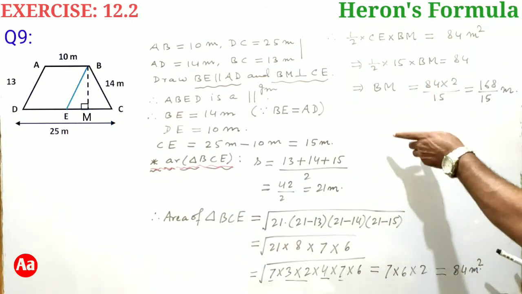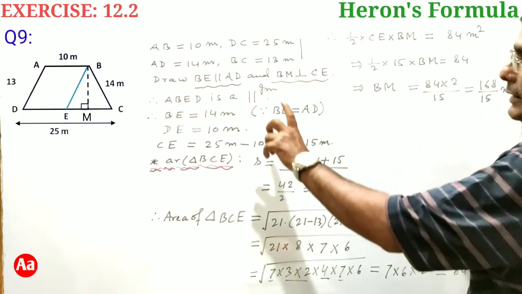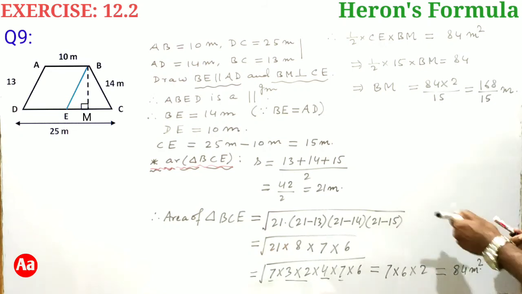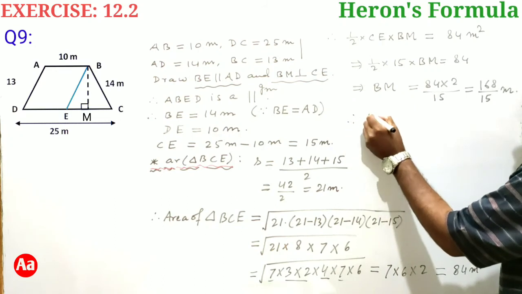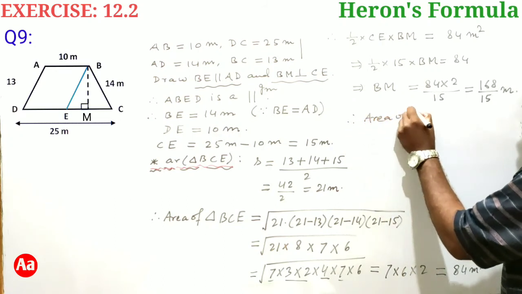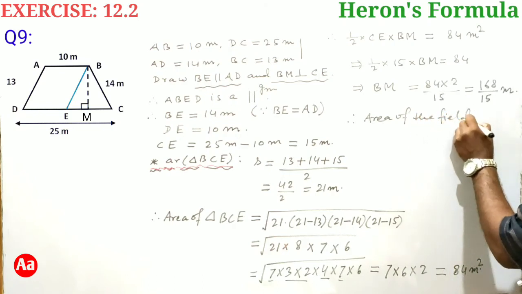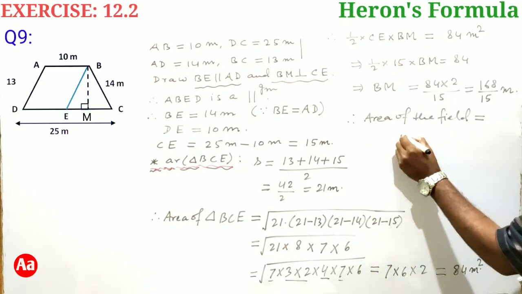So now we can determine area of trapezium shaped field ABCD, because height, or perpendicular distance between parallel sides, we have got, that is BM equal to 168 by 15. So area of the field, the field is in the shape of trapezium. So what is the formula?